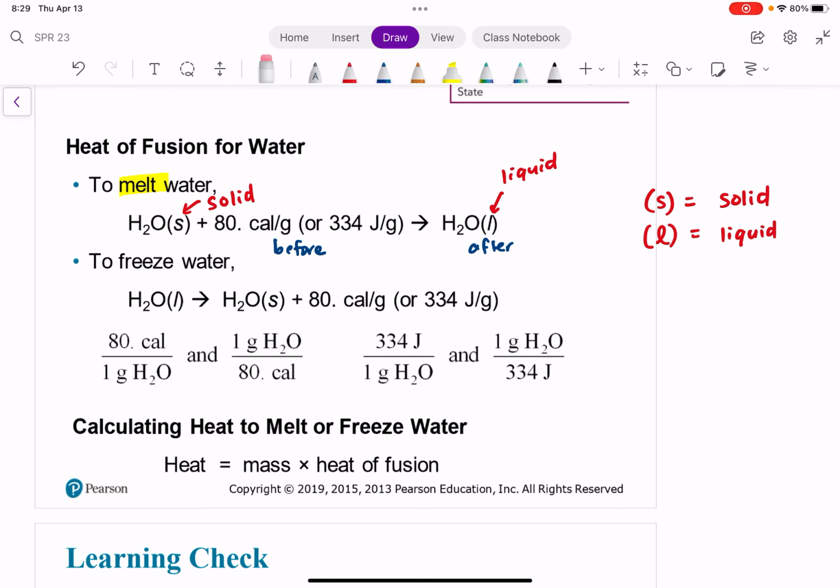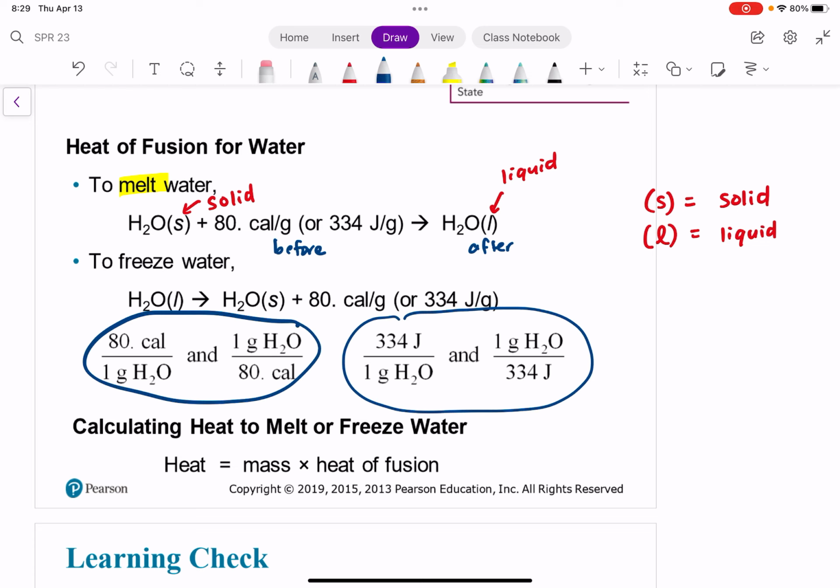And then remember that your heat of fusion can actually be expressed in conversion factors, and that's what these are, right? So this is the calories per gram conversion factor, and this is the joules per gram. Thinking back to last week, conversion factors can be written either way. So it either takes 334 joules on the top and 1 gram on the bottom, or 1 gram of water on the top and 334 joules on the bottom.